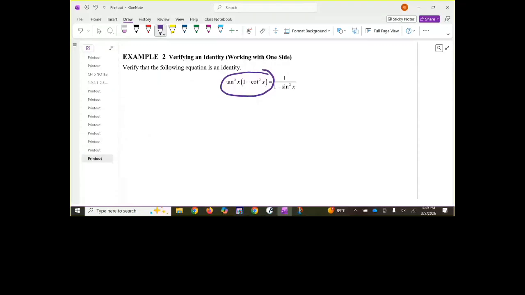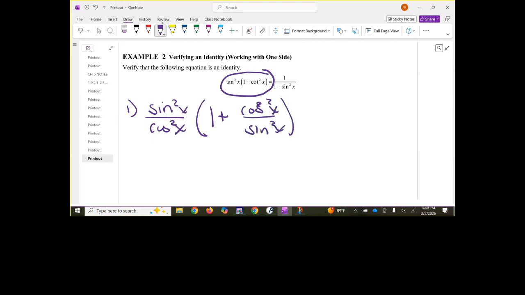My step number one is I'm going to try writing things in terms of sines and cosines. So I'm going to say sine squared x over cosine squared x times 1 plus cosine squared x over sine squared x.